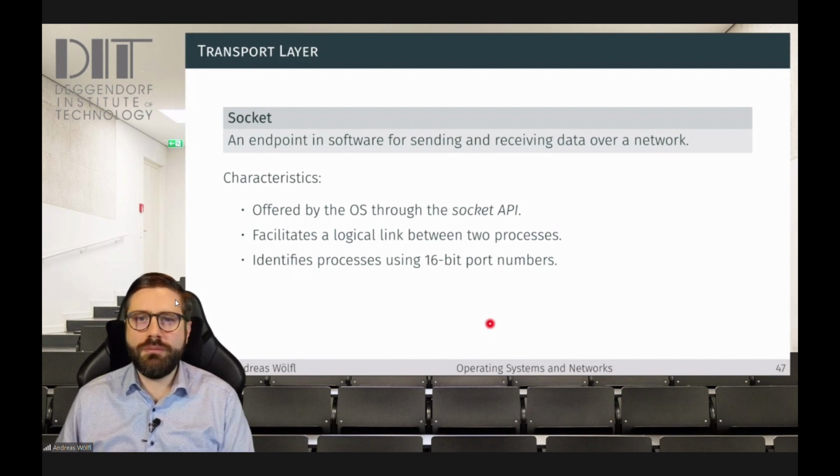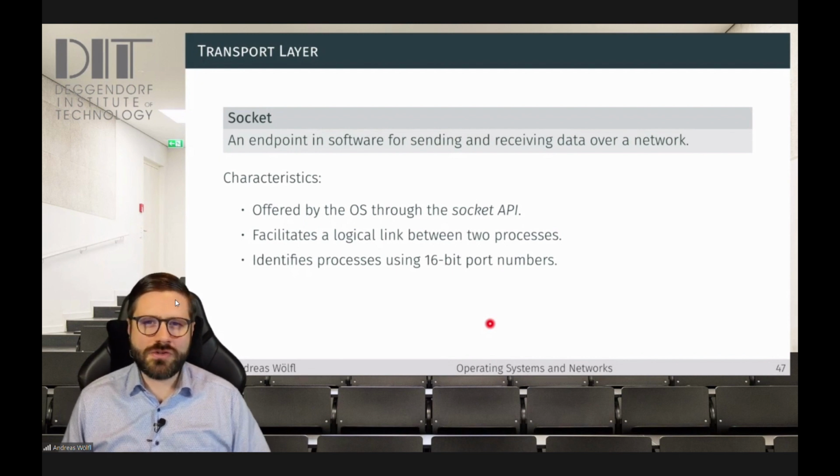So you use the IP address in order to identify the host. And as one host can host multiple applications, you distinguish these applications using port numbers. And the client needs a port number in order to identify the correct application at the target host.